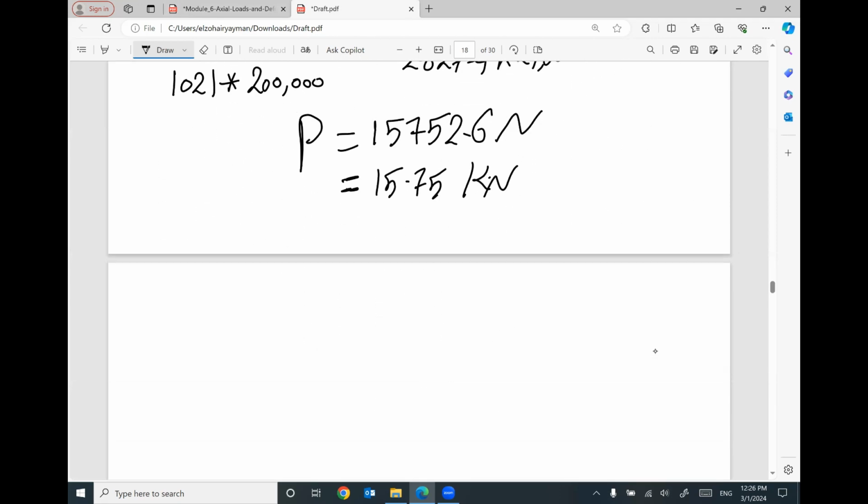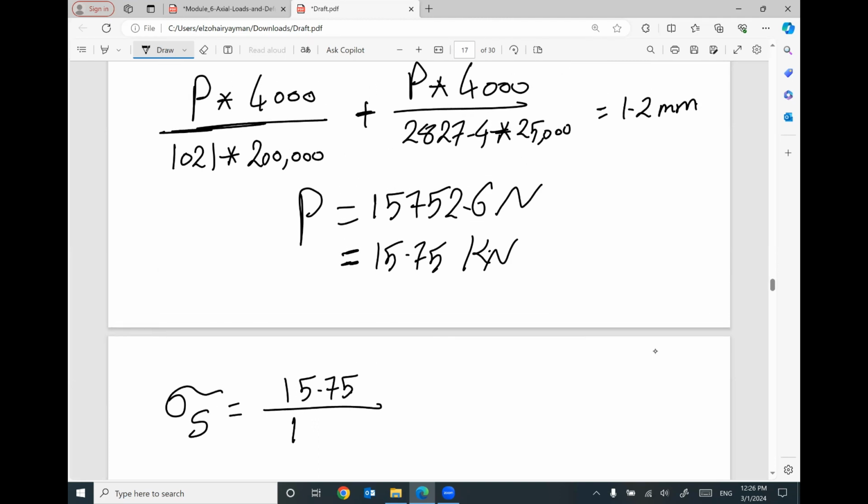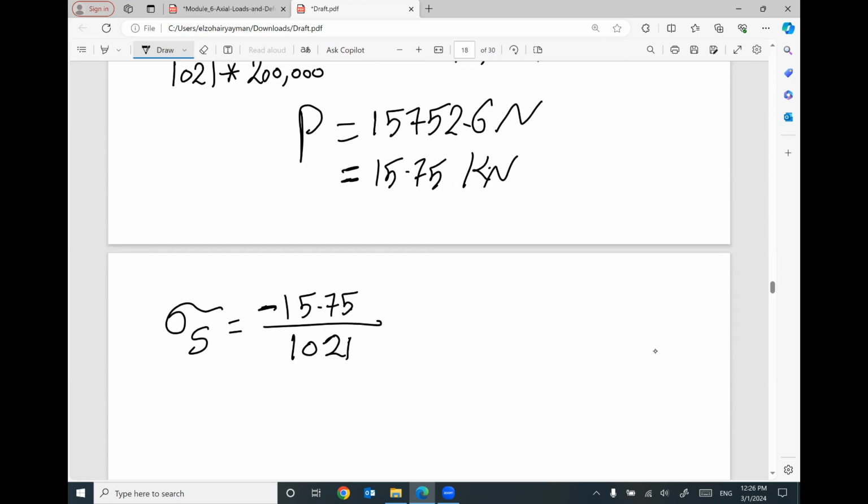Keep in your mind, this force is coming to push the steel down. So stress in steel will be the applied force 15.75 divided by the area of steel, which is 1021, negative. I can multiply it by 1000 one more time to be in Newton. Negative 15.4 megapascal.